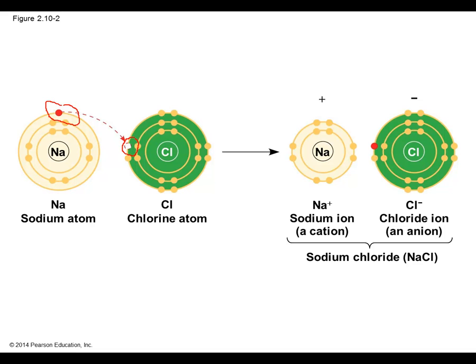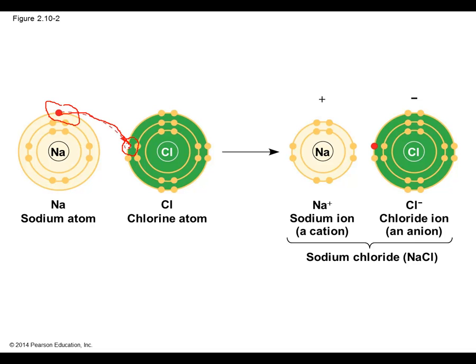You get a transfer of the sodium electron to the chlorine atom, and what that does, sodium then becomes positively charged. It empties its outer shell, so the outer shell is empty.